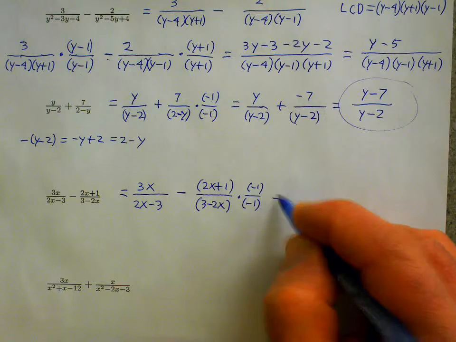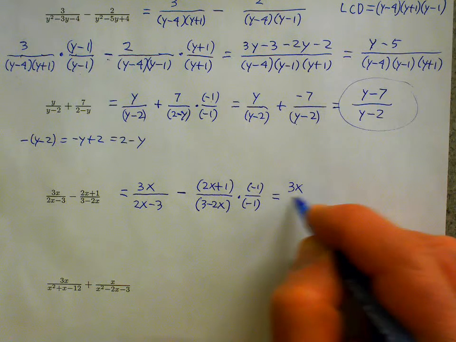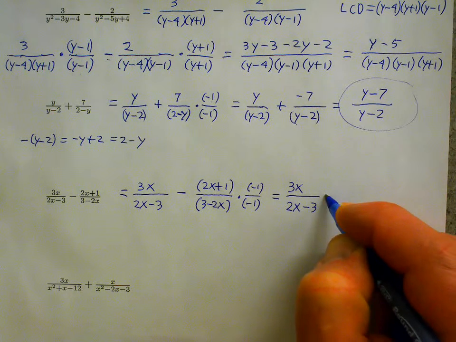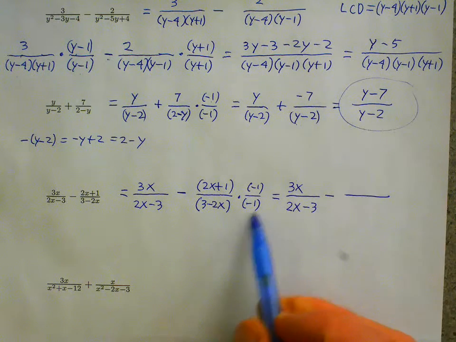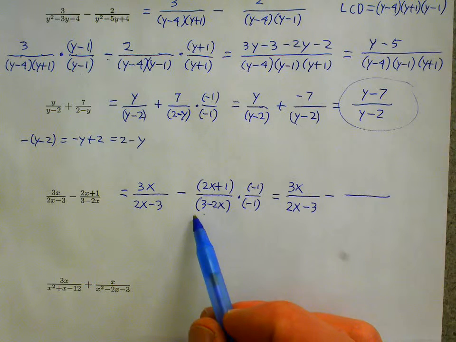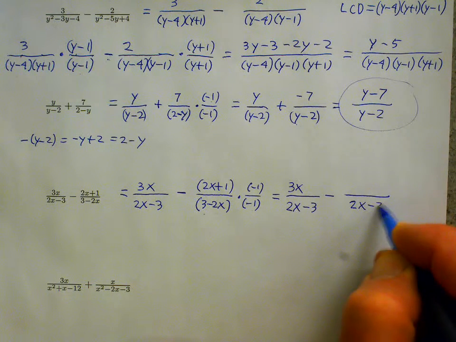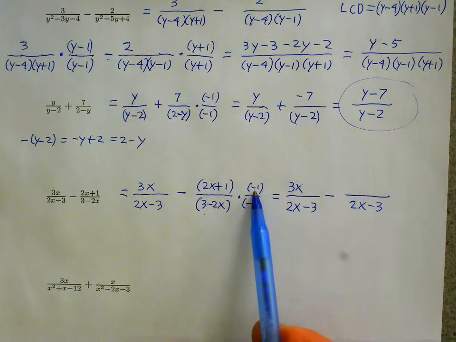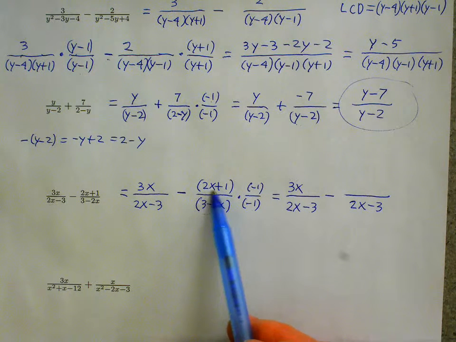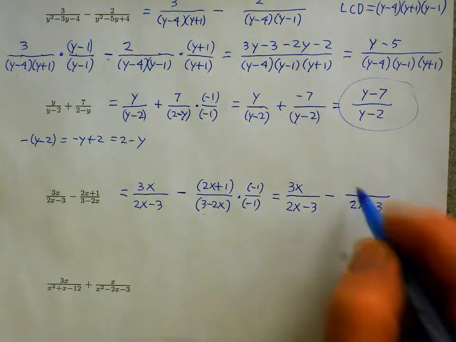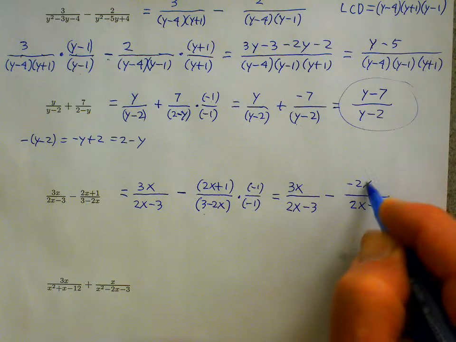And then be careful with the subtractions and the negatives. So in this denominator, 3 minus 2x times -1 is -3 plus 2x, but that's equivalent to 2x minus 3. And then when we multiply the binomial 2x plus 1 times -1, we get -2x minus 1.